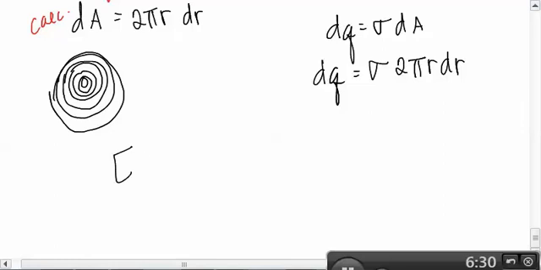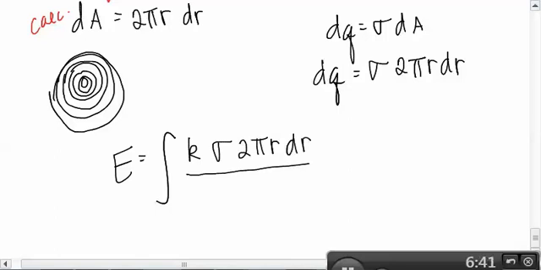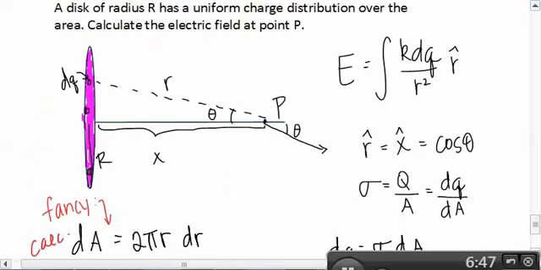So our electric field would be the integral of k dq, where dq is sigma 2 pi r dr, over R squared, and R is the distance from dq to point P, which is going to depend on x and this distance right there.